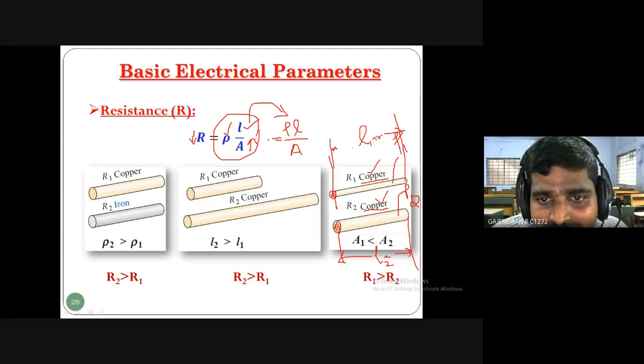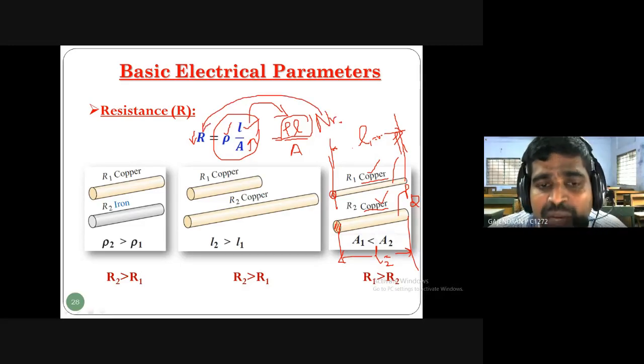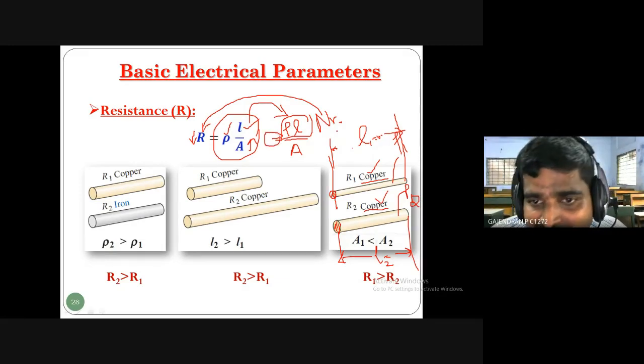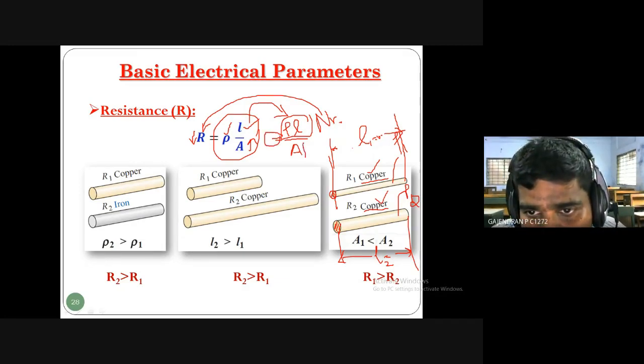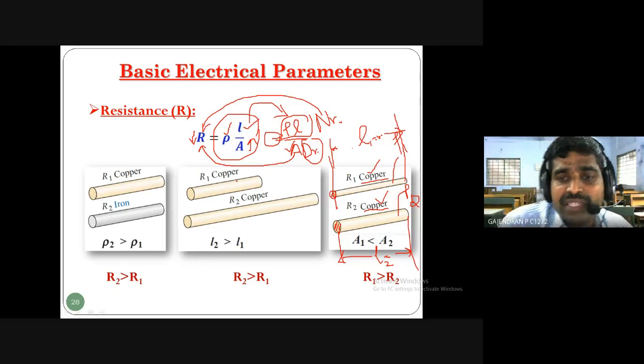R is equal to rho L by A. Whatever falls in the numerator is directly proportional to the quantity on the left-hand side. Whatever is present in the denominator, we have only area of cross section. So this is the only quantity having the inverse relation.